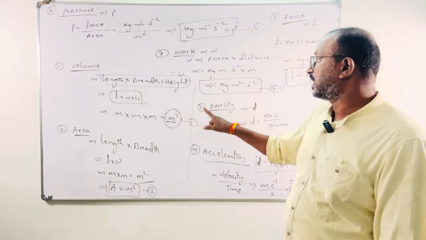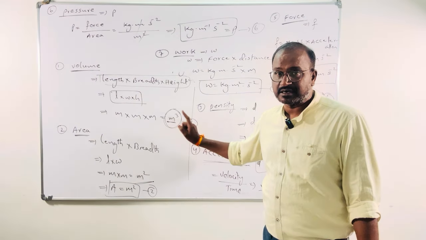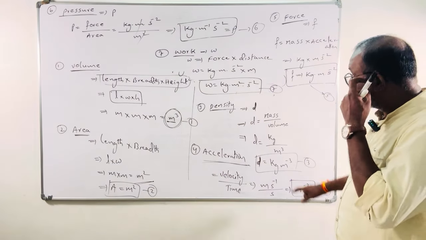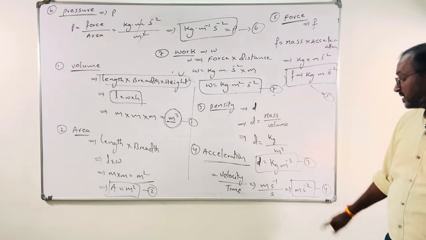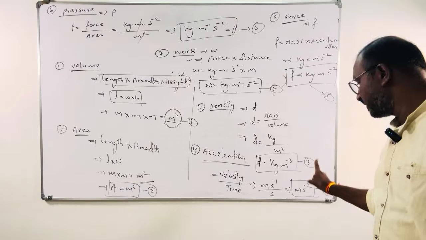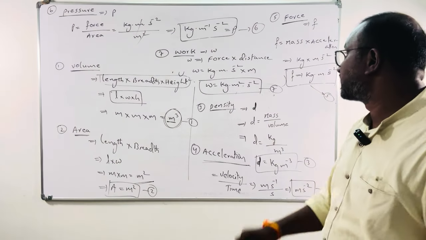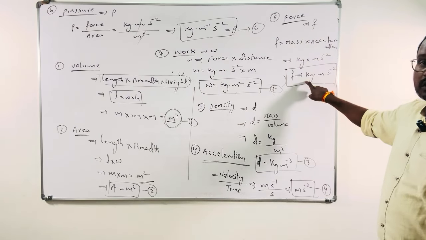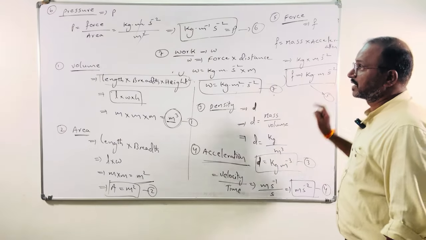For volume, the SI units are meter cube. For area, SI units are meter square. For density, SI units are kilograms per meter cube. For acceleration, the SI units are meters per second square. For force, SI units are kilograms meter per second square.